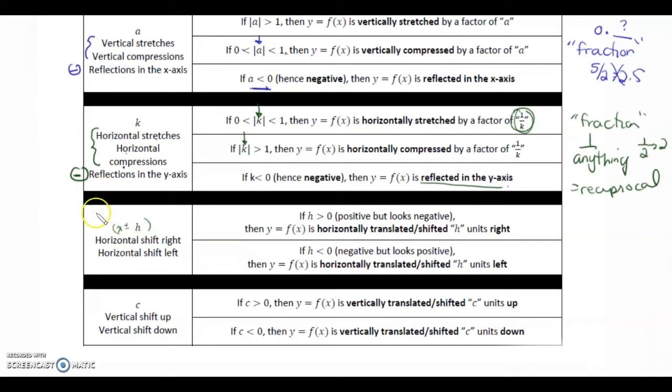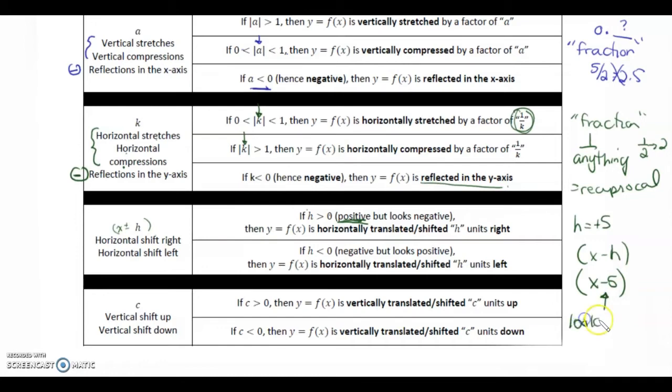Okay, I want to talk about this built-in negative sign. So if h is greater than 0, in other words, if the h value is actually positive, I'm going to give you an example, h is positive 5. Then in that bracket, because the actual equation is x minus h, it actually looks negative.